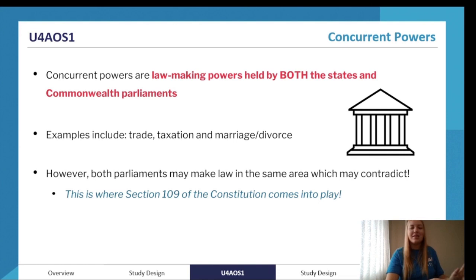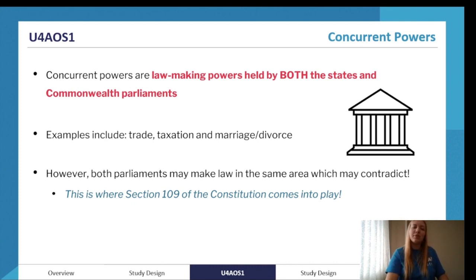So we'll have a look at section 109 and the significance of it, because it essentially tells us what would happen if both parliaments made laws in the same areas and they contradicted. So very important, because of course that is inevitably going to happen.